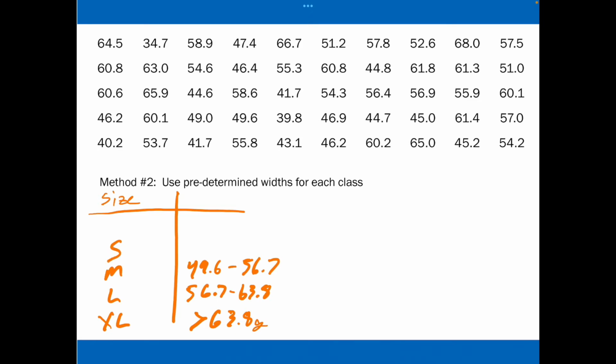The small eggs run from 42.5 to 49.6 grams. And there is one smaller size. I've never seen them in the grocery store, and they're called peewee eggs. So we'll just put a P for peewee. And peewee eggs are eggs that are less than 42.5 grams.